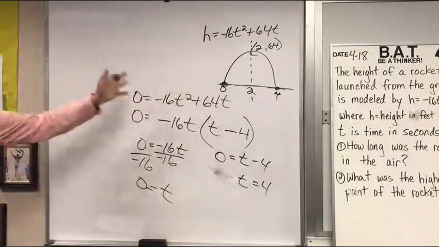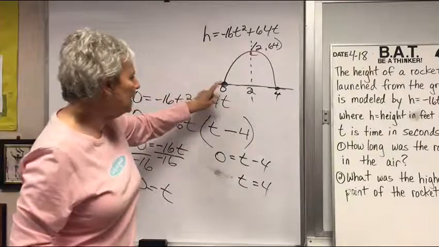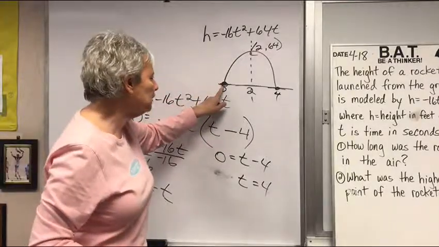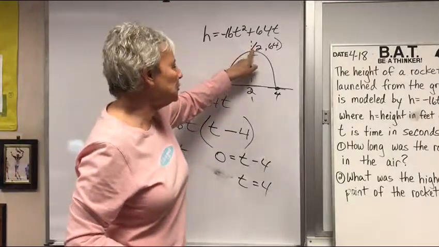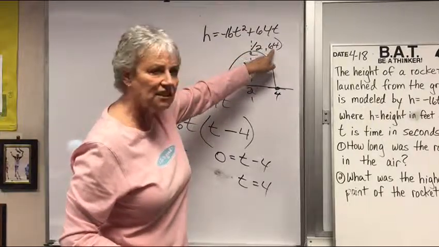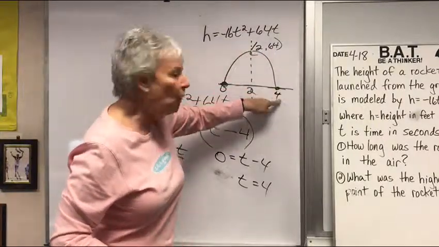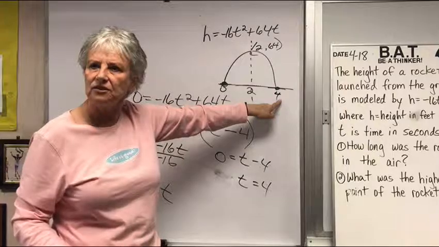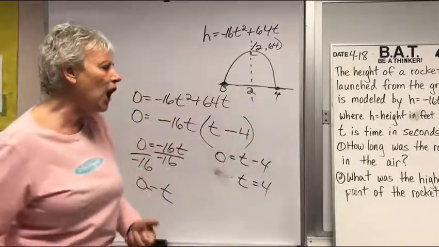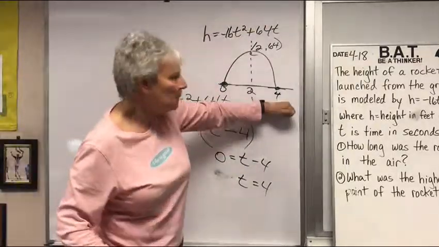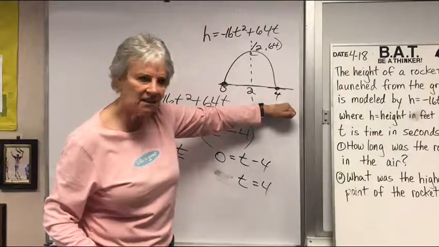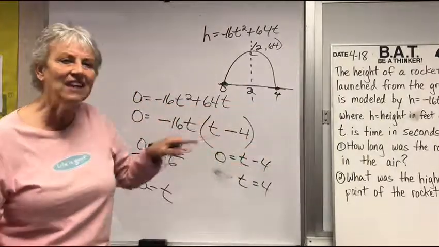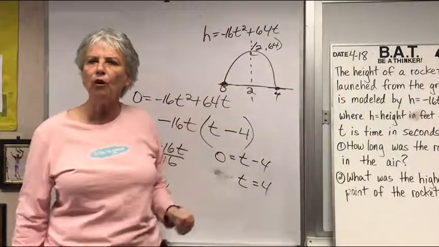Now we can answer all the questions. We launched it from here. In 2 seconds, it was at 64 feet. In 4 seconds, it was on the ground. So number 1, how long was it in the air? 4 seconds. What was the highest point? 64 feet.